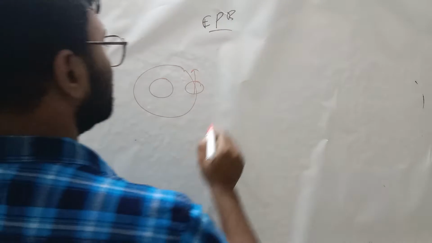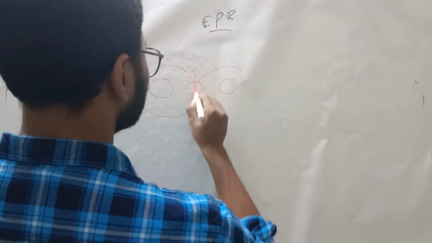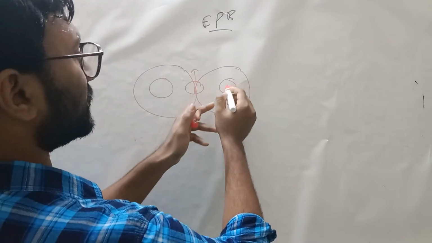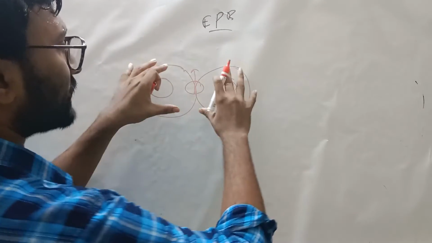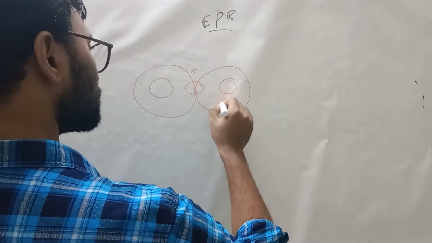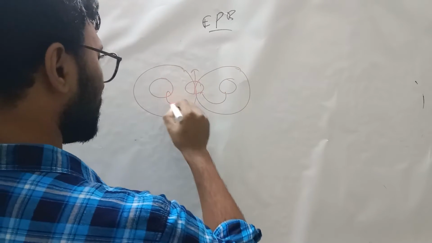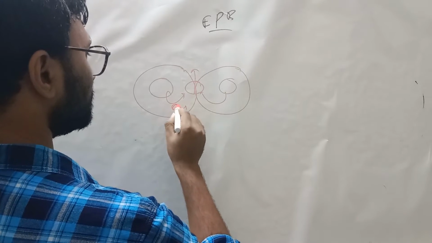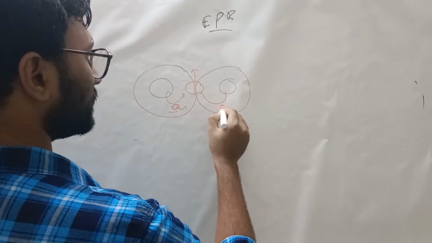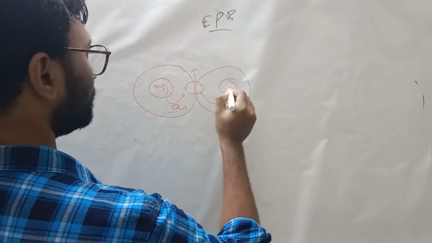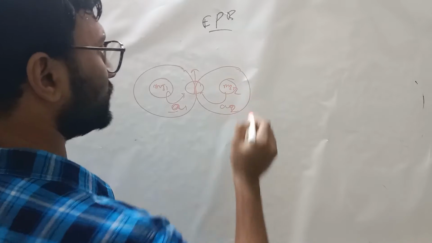Now see, there is another nucleus also. Actually, the electron is shared by the two nuclei. So this nucleus will also have an effect like that. Suppose this has hyperfine splitting constant A1 and this has A2. This has mI1 and mI2.